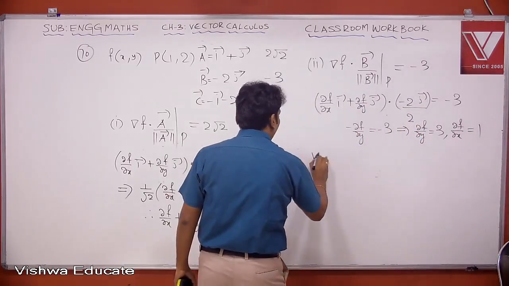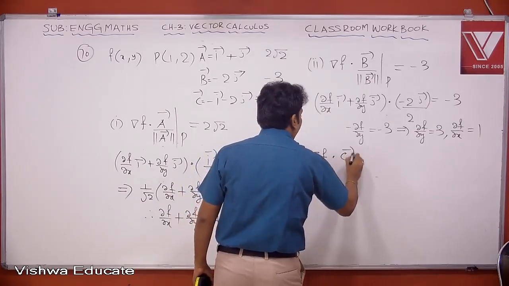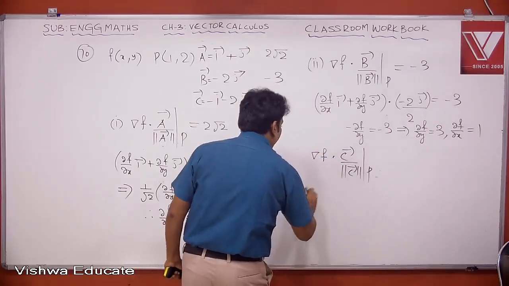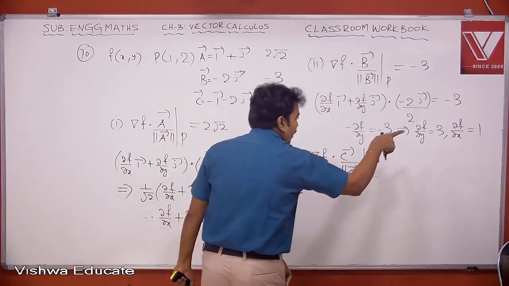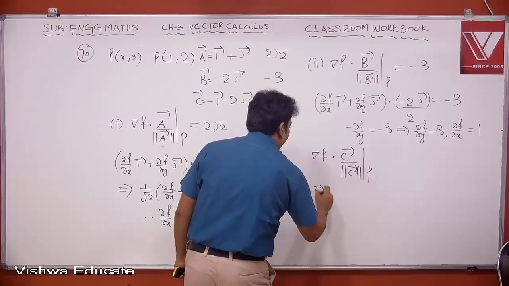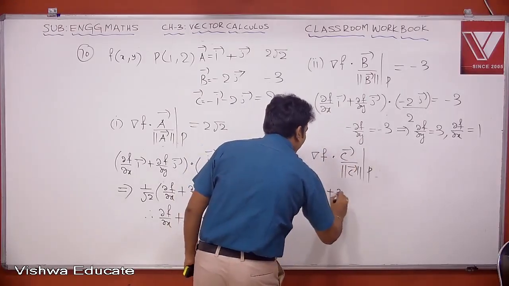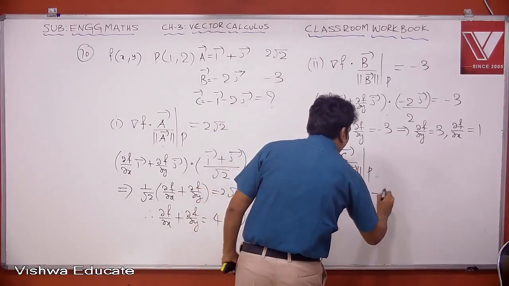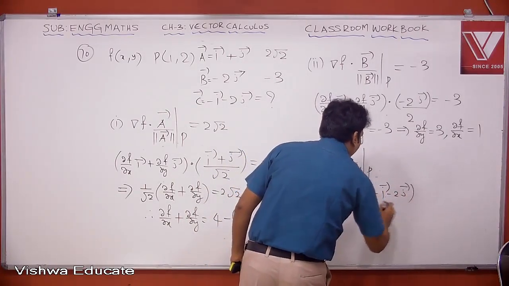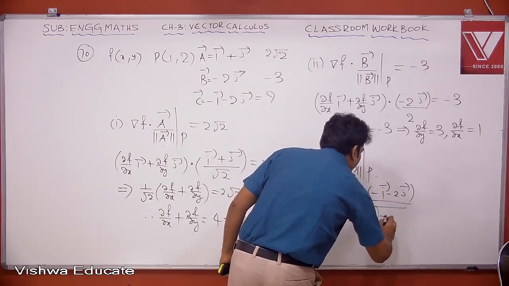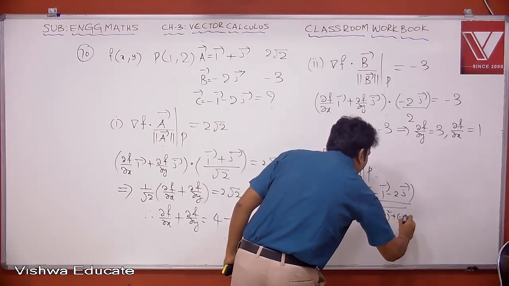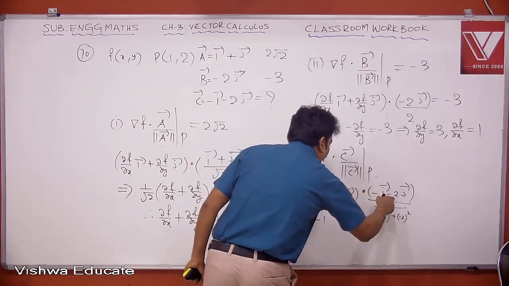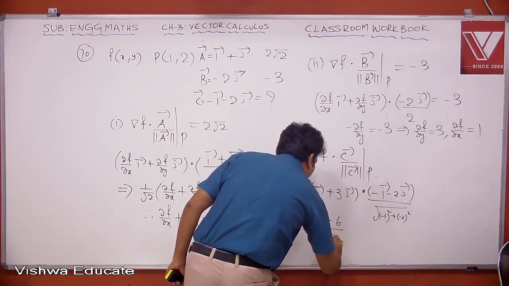Now let us find del f dot c bar by norm c bar at the point P. So del f is dou f by dou x, which is 1, so i bar, plus dou f by dou y, which is 3, so plus 3 j bar, dot product with c bar, which is minus i bar minus 2 j bar, divided by its length, square root of minus 1 whole square plus minus 2 whole square. 1 into minus 1, 3 into minus 2, minus 6, divided by square root of 5.